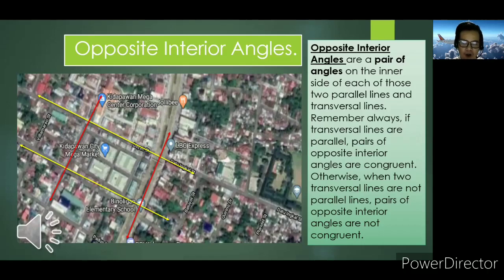So the pairs of opposite angles formed are all equal in measure and are congruent. In short, this pair of angles colored in green are equal in measure and congruent. And the same with this pair of opposite interior angles colored in pink. That's it.